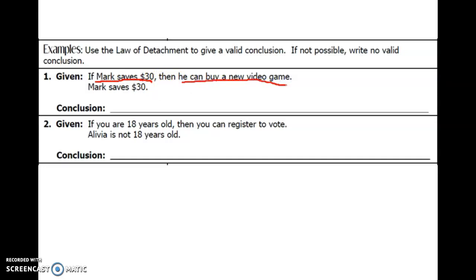Here's my Q. So I need them to tell me Mark saves $30. That matches our P. Because these are the same, we can conclude that the Q part of the statement, the conclusion, is true. So our conclusion would look like Mark can buy a new video game. So we just need to add the detail, Mark is the person, he can buy a new video game because he saved $30.